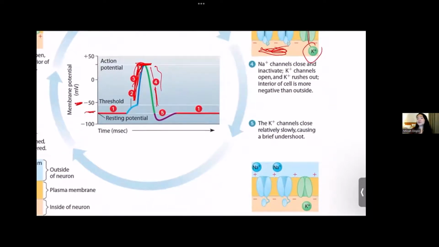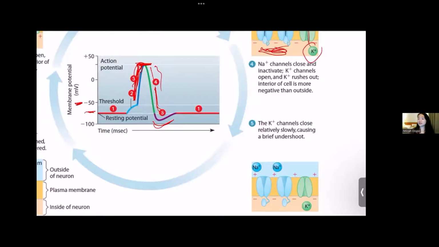Now it is important to note that these potassium voltage gated channels are very slow. Relatively slow sila sa pag-close. So this makes the inside of the cell even more negative, and it actually undershoots the normal resting potential very briefly. And this is known as hyperpolarization. So the voltage inside the cell very briefly is even more negative than that of the resting membrane potential.